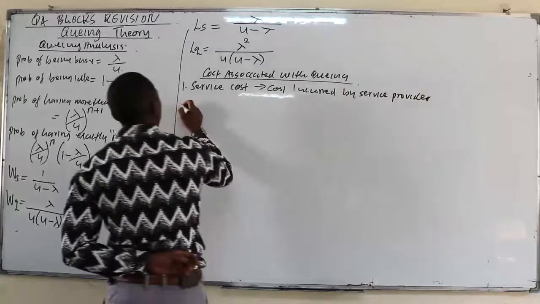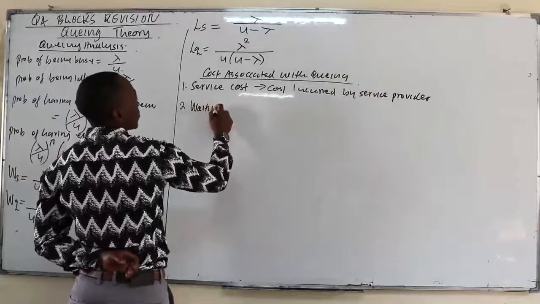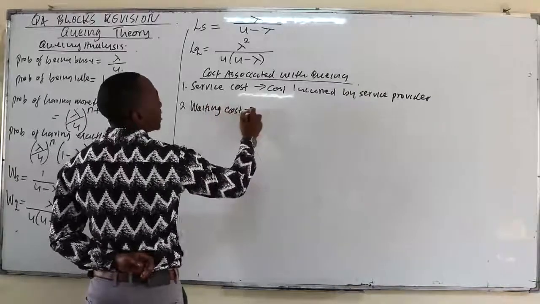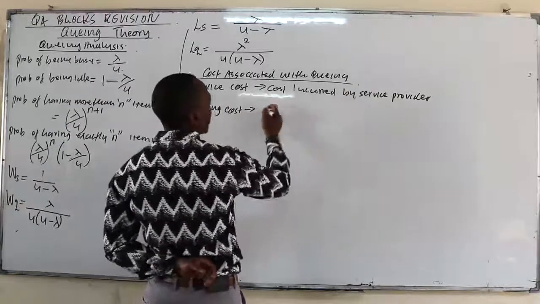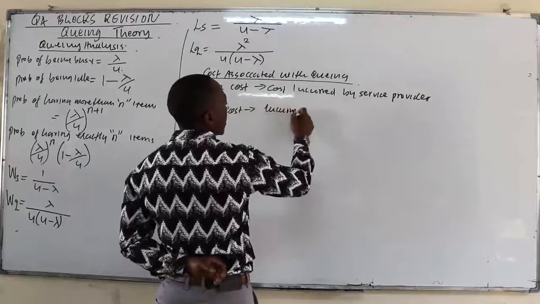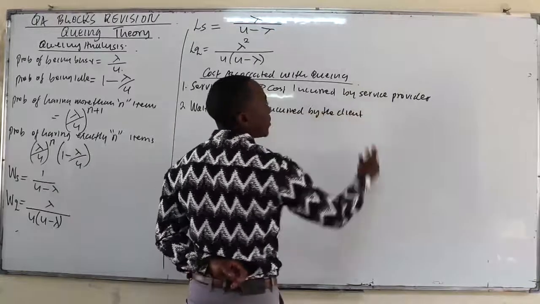Then number two, the waiting cost, which is the cost incurred by the client as a result of waiting. It's what we call the benefit foregone.